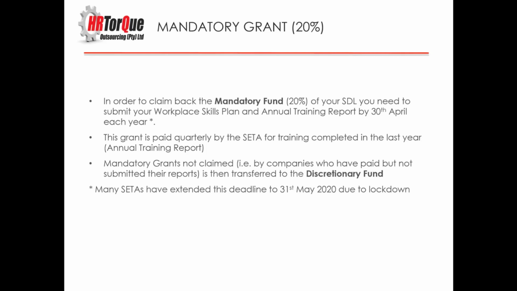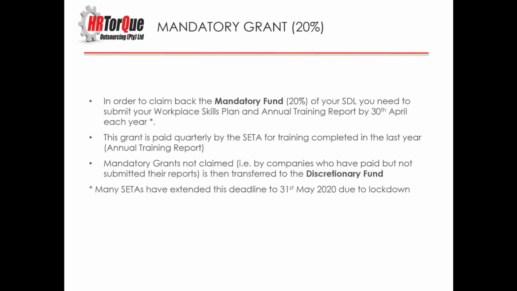Do they marry up, and have you actually done training? If you have done training and you submitted the documents correctly, then you will get your 20% back. Okay, so in order to claim back the mandatory 20% of your SDL, you need to submit your workplace skills plan by the 30th of April each year.